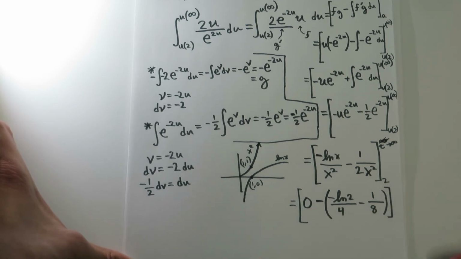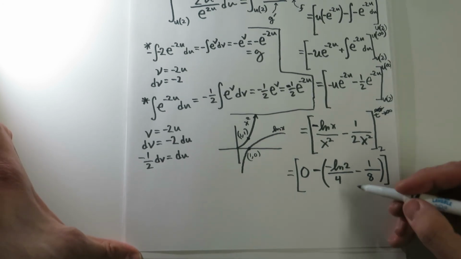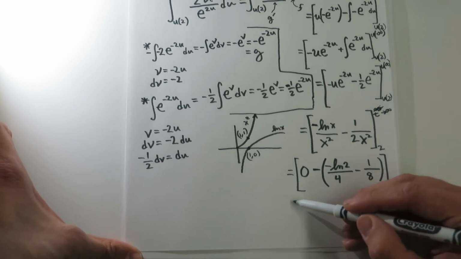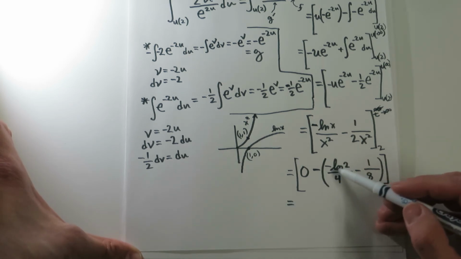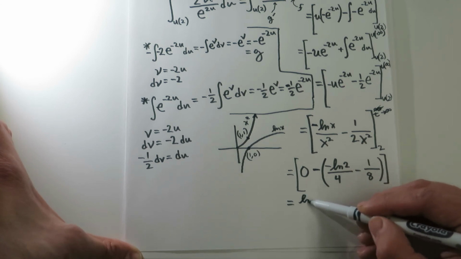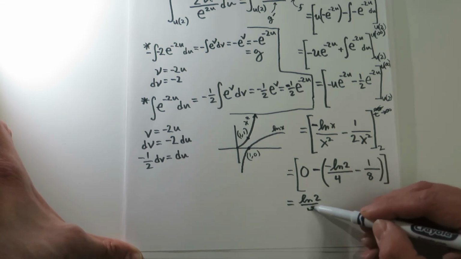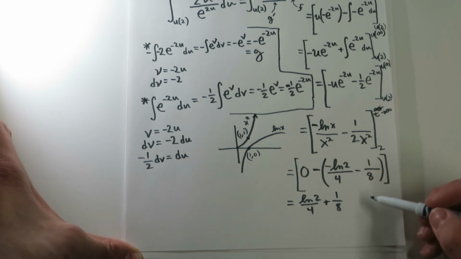Okay. And we could simplify this even further. Negative of a negative is just going to be a positive. This is just going to equal ln of 2 over 4 plus 1 over 8.